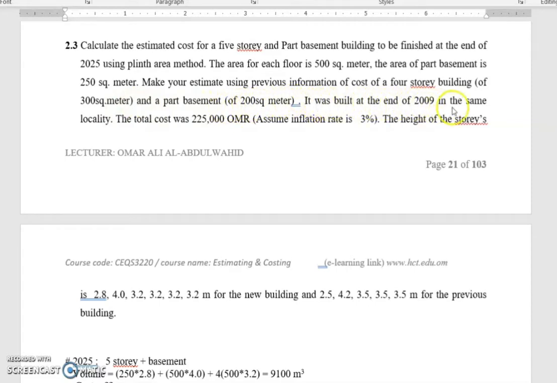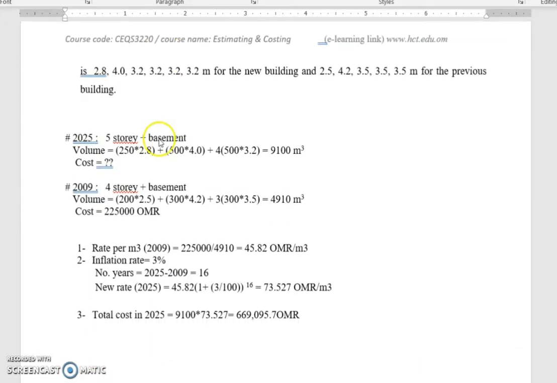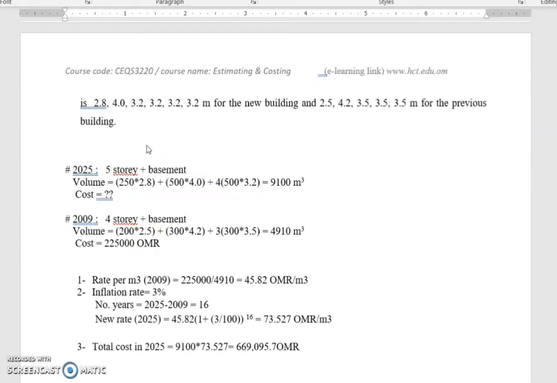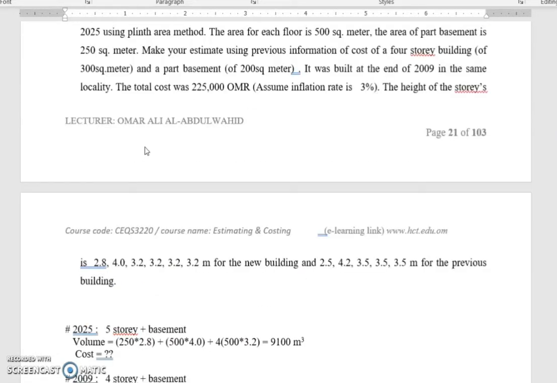It was built at the end of 2009 in the same locality. The total cost was 225.